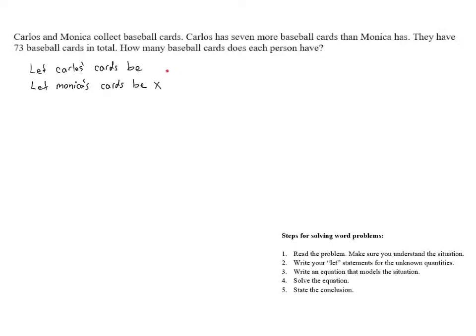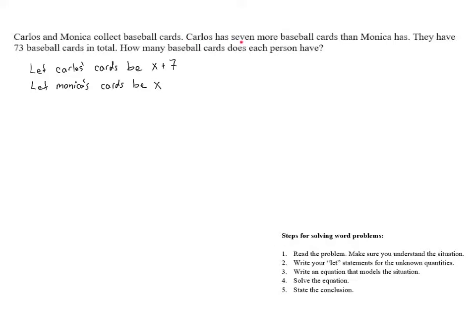Now, when we're figuring out how to represent Carlos's cards, we know that Carlos has 7 more than Monica. Well, if Monica has X cards, how do we represent 7 more than that? X plus 7. Aha! This is the trick. We're going to let one of those unknowns be X, and then we're going to write the other unknowns in terms of X. In this case, it was X plus 7.